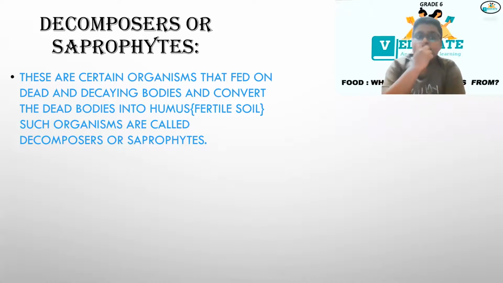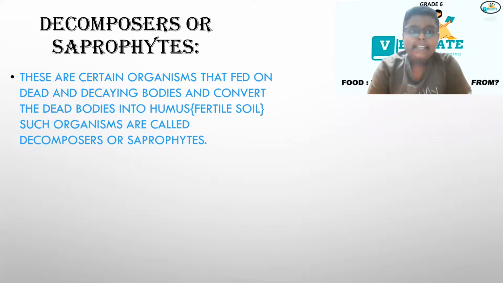These are certain organisms that feed on dead and decaying bodies and convert the dead bodies into humus. Humus means fertile soil. Such organisms are called decomposers or saprophytes.